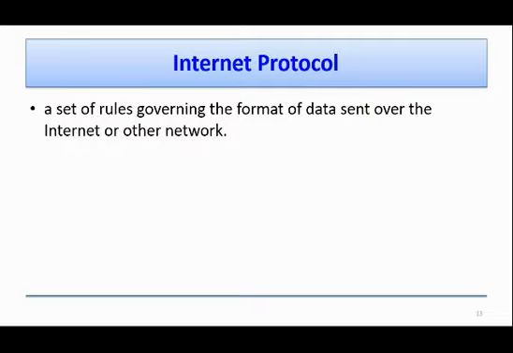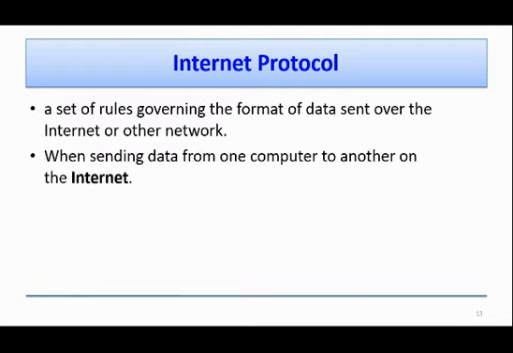So Internet protocol or IP address can be defined as a set of rules governing the format of the data sent over the internet. So that is the usage in the computer network. Why do you need the IP address? To identify a particular device attached to the computer network uniquely, or simply, for unique identification of the computer.